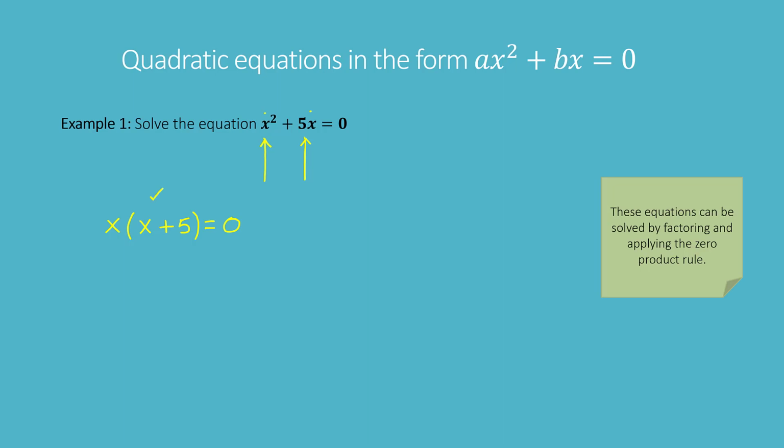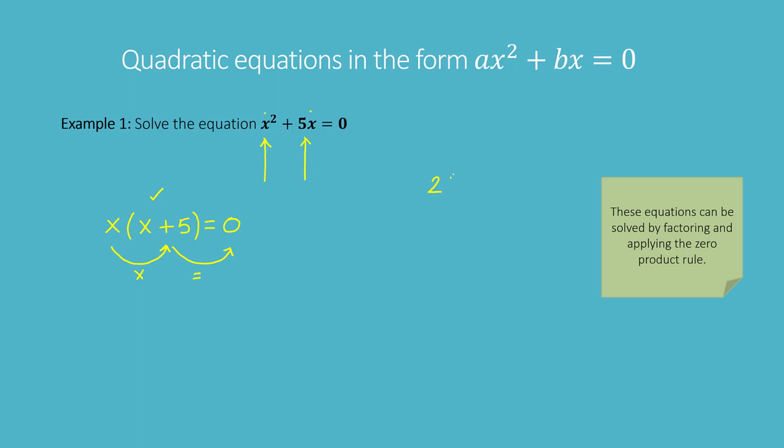Now, our factorization says that if we multiply x times x plus 5, our result is 0. What multiplication gives us 0 as a result? Our only option is for one or both of the terms to be 0. Think of the number 2.